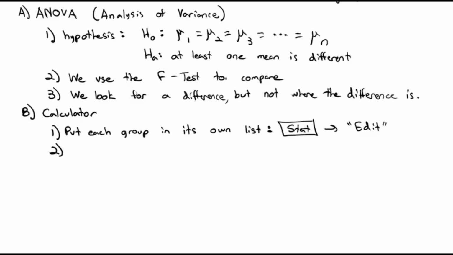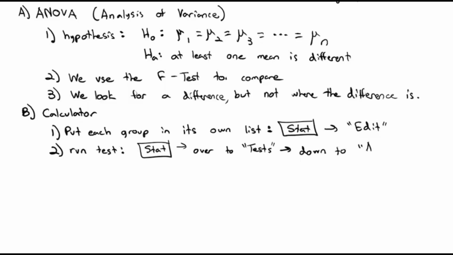And once all of our groups are actually listed in there, we will run the test. And we'll do that with the Stat button. We will scroll over to Tests. And then we will scroll down to the ANOVA. Now, the ANOVA will not give us prompts on what information to enter in like a lot of the other statistical tests did.